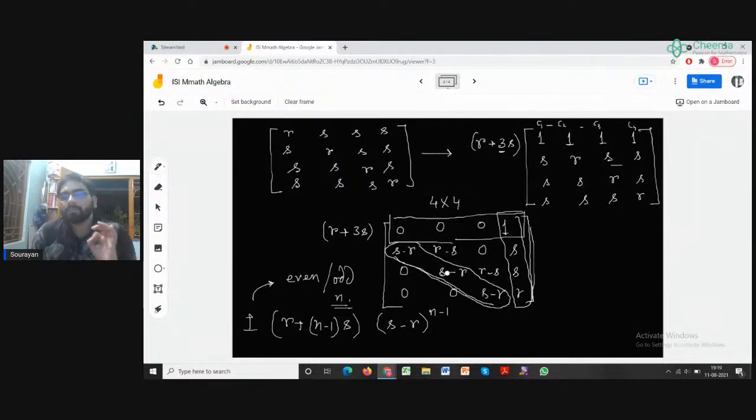It just required two simple facts: that consistent row and column operations do not hamper the outcome of the determinant, and that if you take the product of the diagonal elements of upper or lower triangular matrices, then you get the determinant. Okay, so that's the first question, the first algebra question from here.